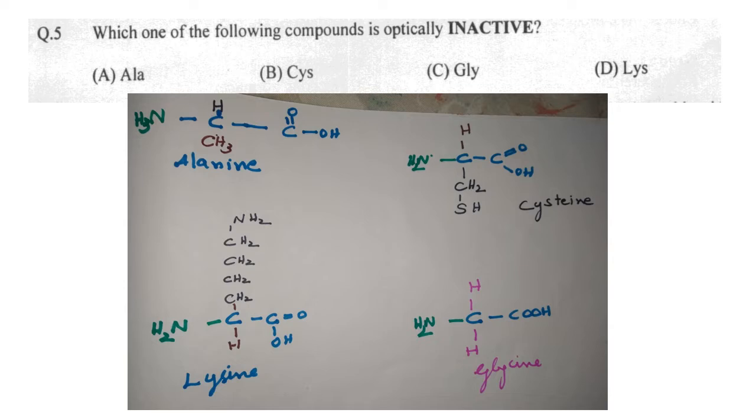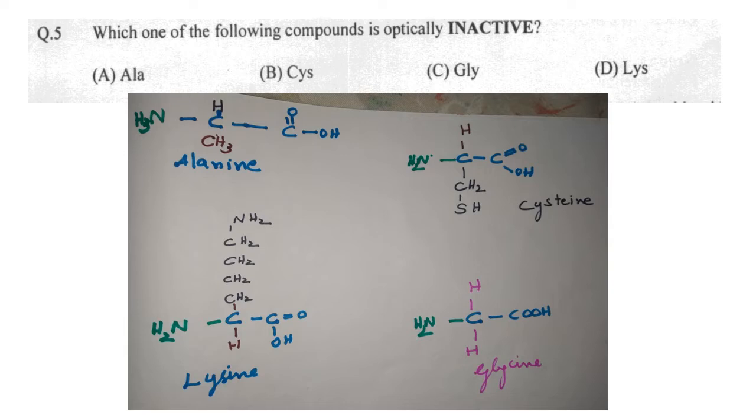So those compounds which are optically active will have 4 different groups attached to the chiral carbon, and in the case of amino acids, that is the alpha carbon atom, next to the carboxyl group. You have to see the different groups attached to this particular alpha carbon atom.